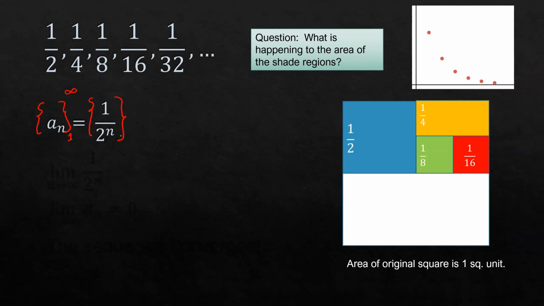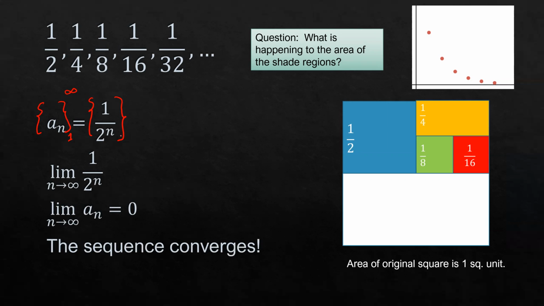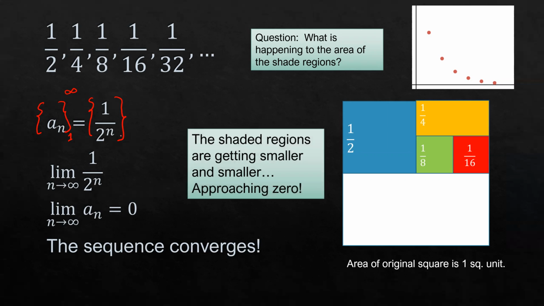Okay, so that's how we denote a sequence. So what is going on with this sequence? Well, if you think about the limit of 1/2 to the n power, when n is very large, you have 1 divided by a very large number, and that is going to go to 0. So this sequence will converge to 0, or we say the shaded regions are getting smaller and smaller, approaching 0.